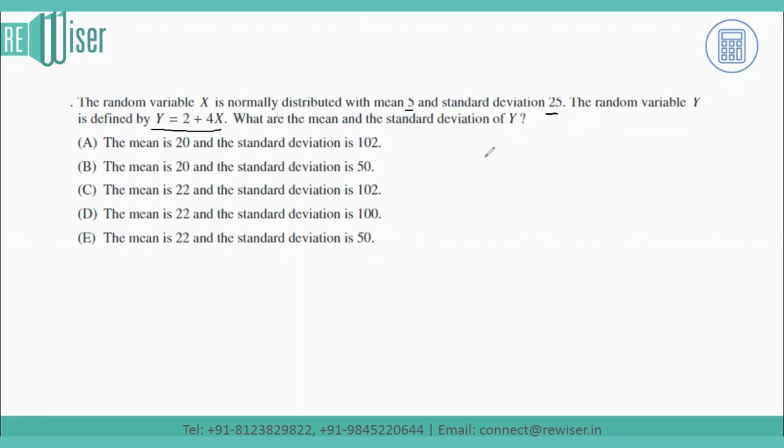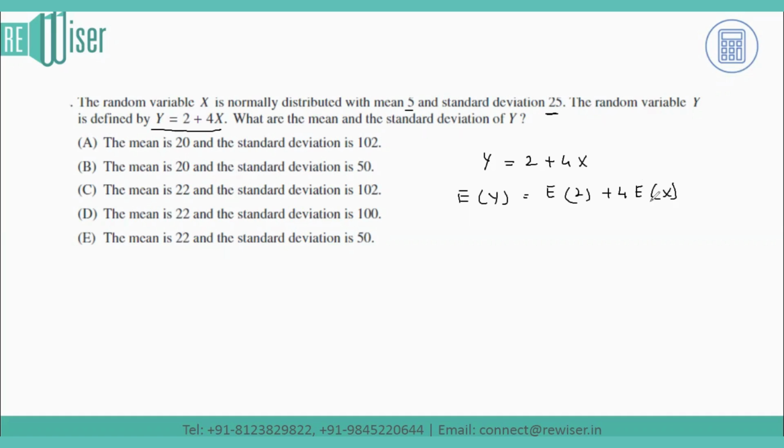To answer this question, we'll first write y = 2 + 4x. First we'll find the expected value of y, which is the same as finding the mean of y. That is equal to the expected value of 2 plus 4 times the expected value of x.